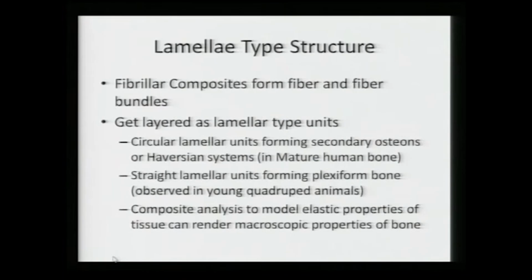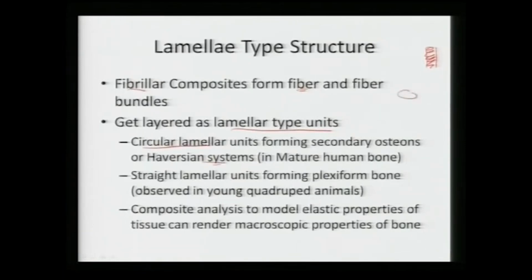So once this particular arrangement is formed, the lamellar type structure is formed. That is formed by the fibrillar composites. So fibers go on to form fiber bundles, and these fiber bundles go on to form lamellar type units. It can be circular lamellae, as we see there, that are present in the Haversian system.